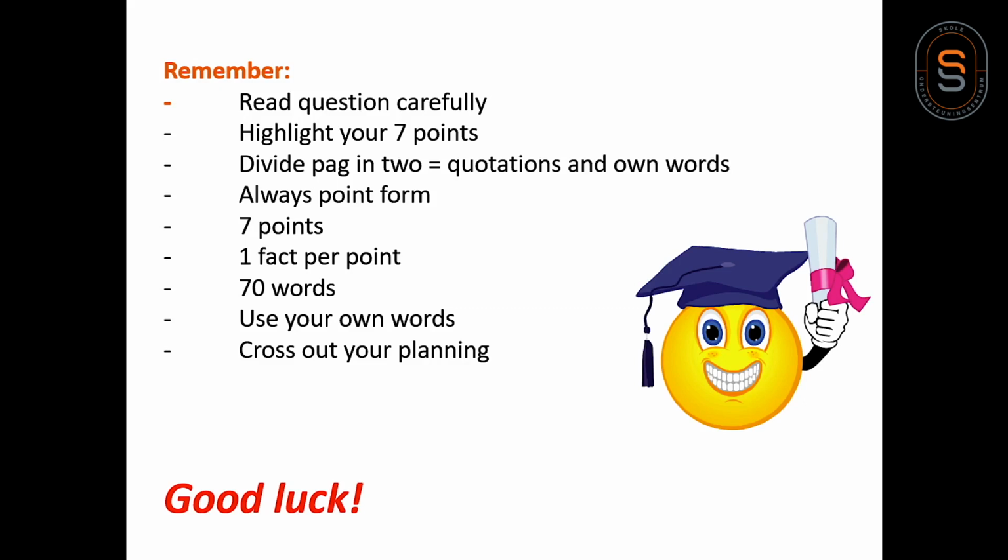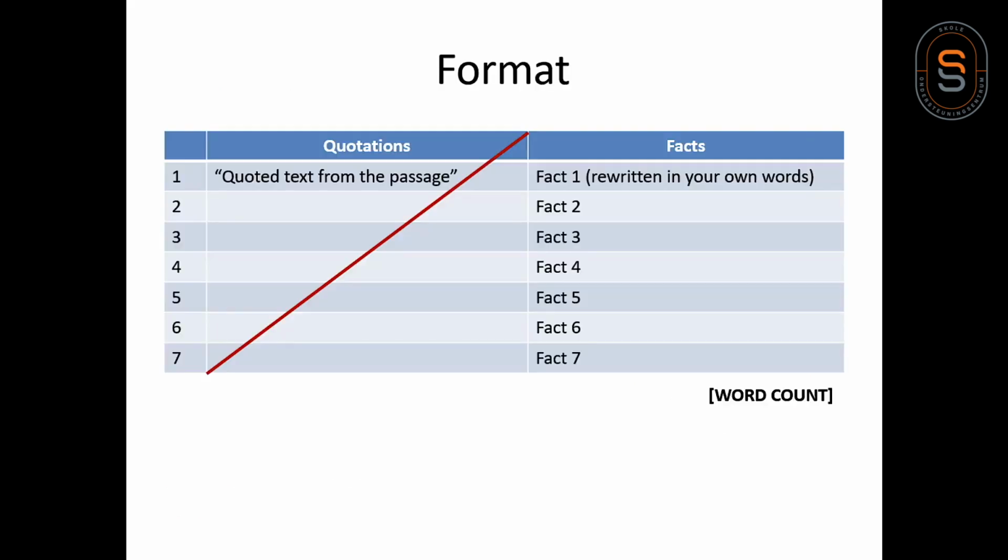The marker can only mark the first fact that you have written down, so you will lose the marks if you wrote down 2 facts at point number 1 or point number 2. Keep to the word limit. Use your own words. And then very important, as shown here with this red line, cross out your planning.